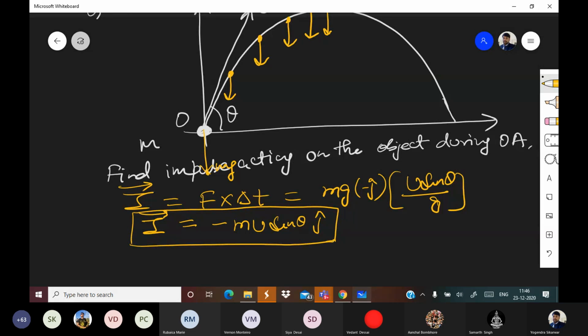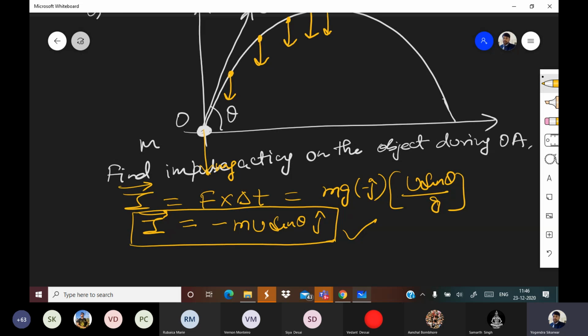If you want to solve in a different way, you can write the momentum at the beginning, and the momentum at point A, and then subtract. Then also you will get the answer. In both ways, you will get the same answer.